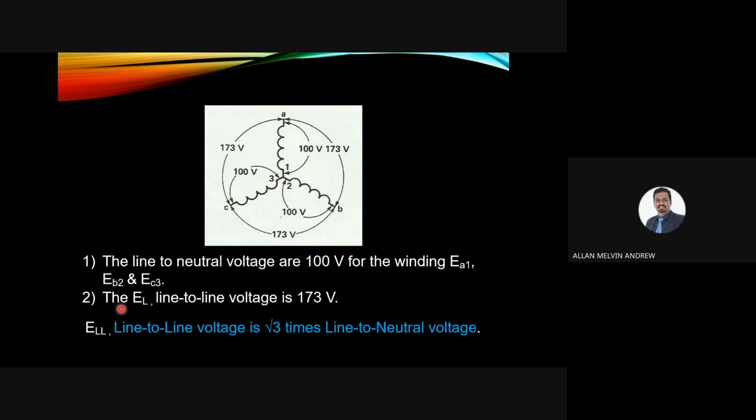If you want to find ELL, the line to line voltage, what's the formula? Square root of 3 times 100, so you get 173. So this is line to line: A to B is 173, B to C is 173, and C to A is 173. So this is for you to understand.